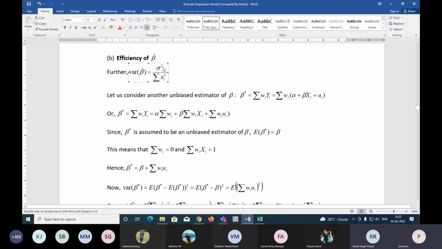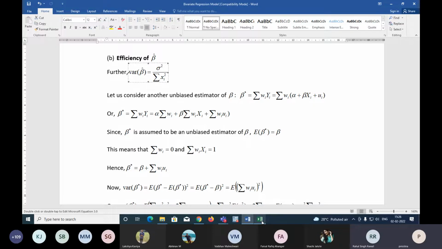That's why we use an estimator of sigma square, which is sigma hat square, the summation of u hat i square by n minus 2 for a bivariate model.